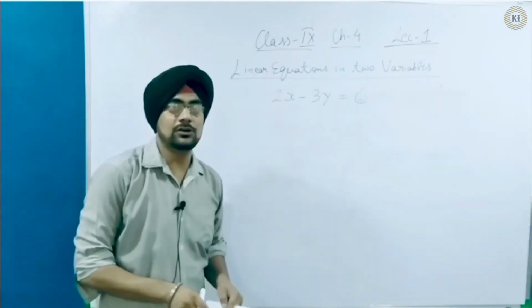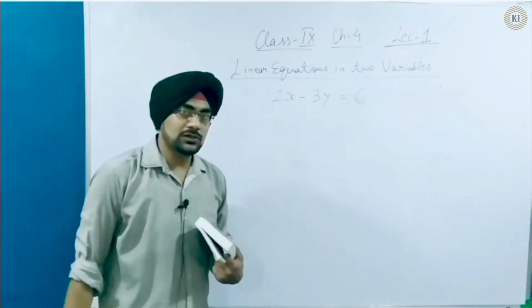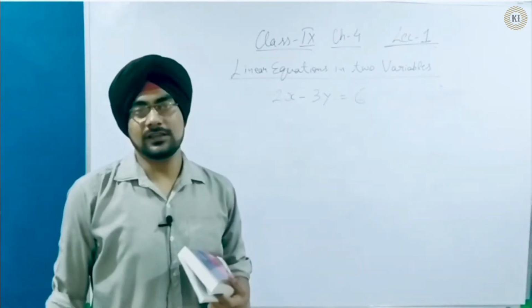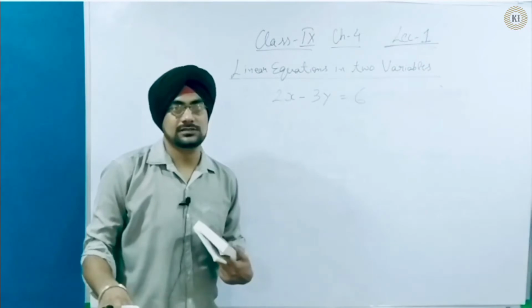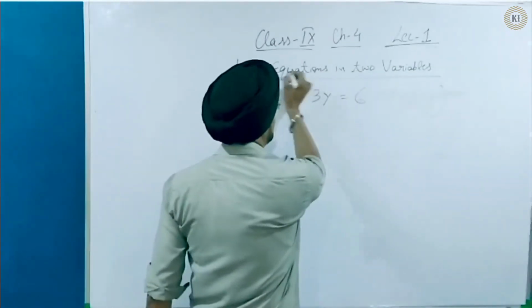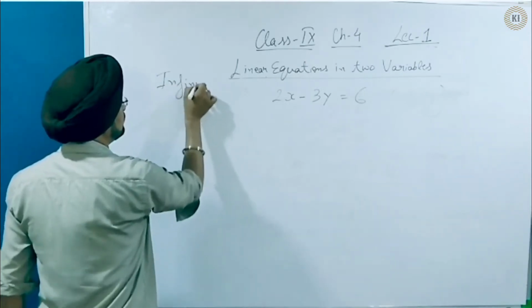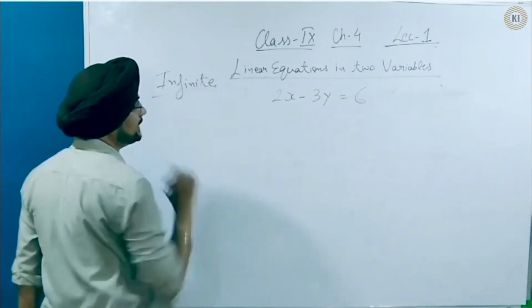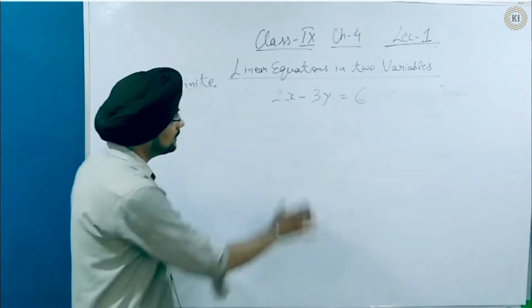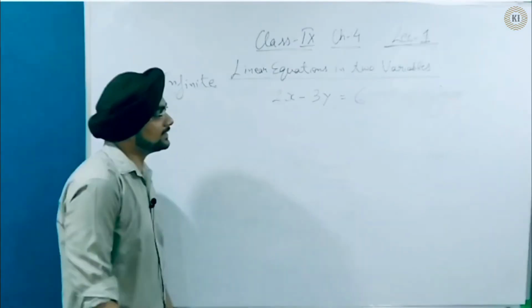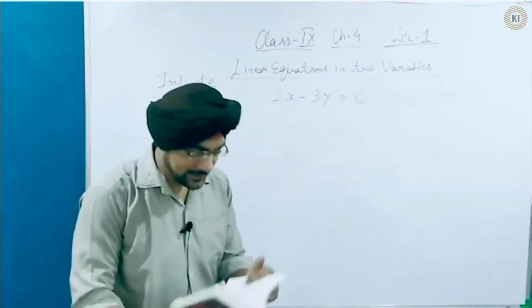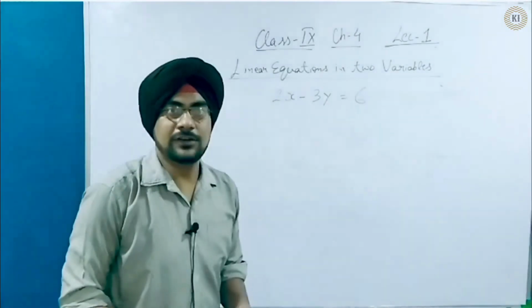First of all I want to tell that linear equations in two variables have infinite solutions. So 2x minus 3y is equal to 6. We have to calculate different solutions for the equation.